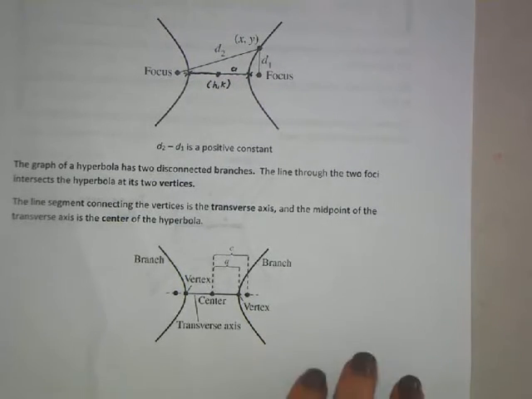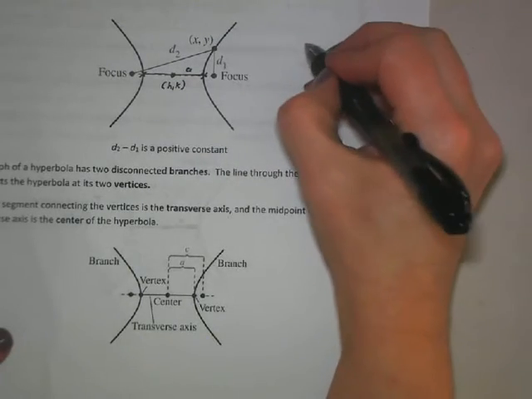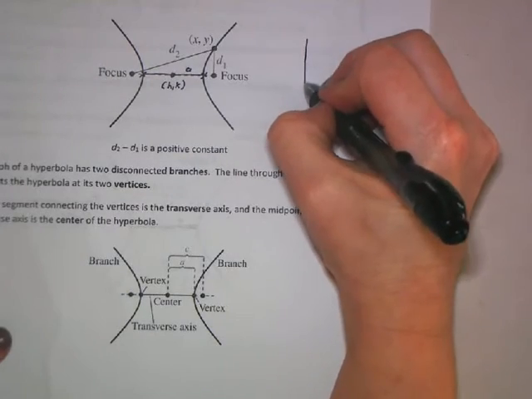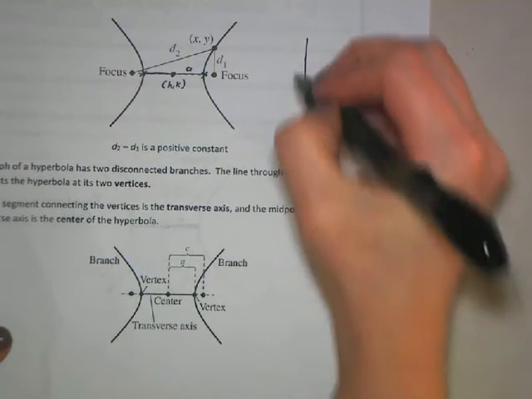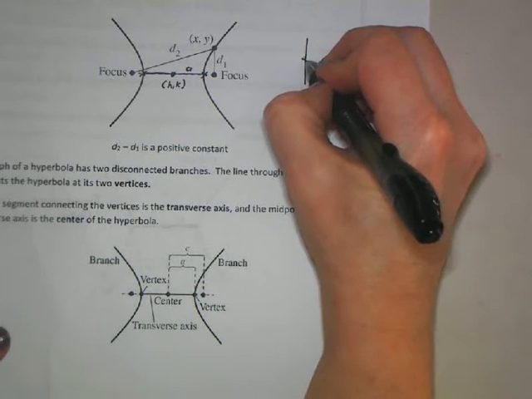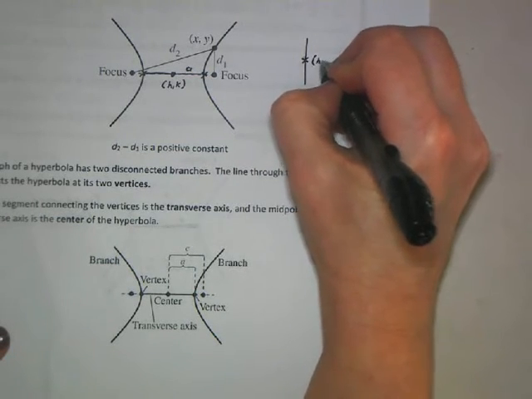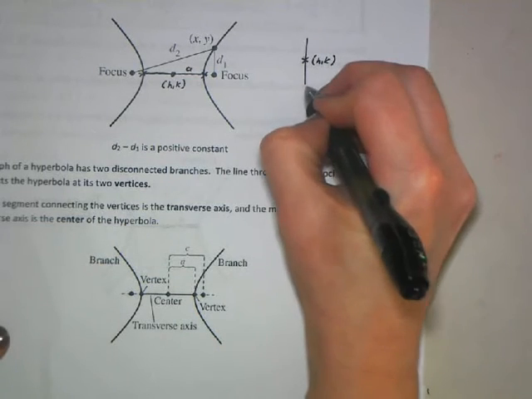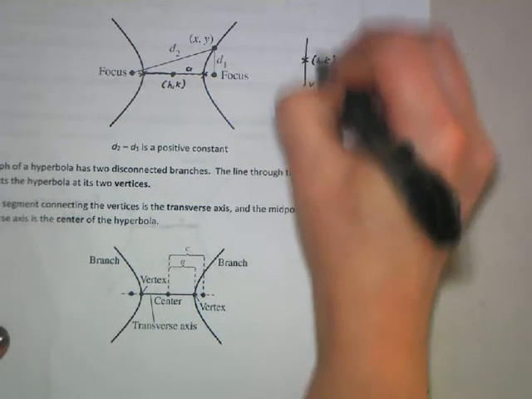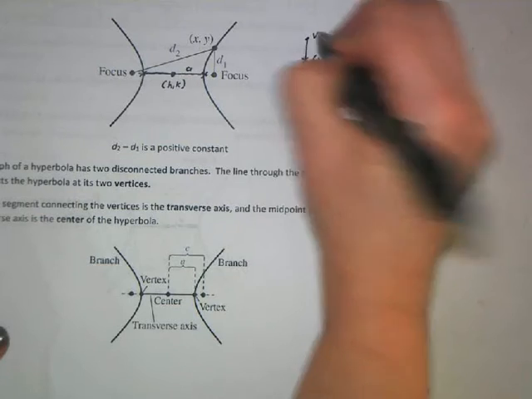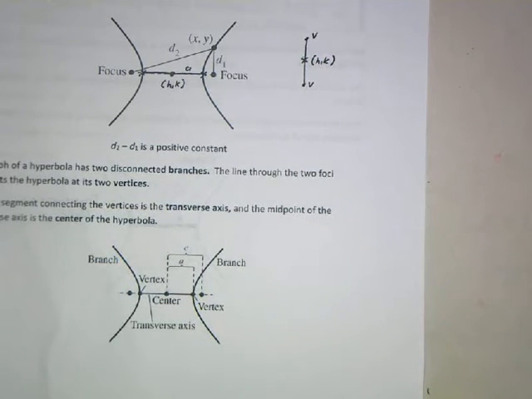On the board I've drawn one where the transverse axis is vertical, which means I still have a center right here, but now my vertices are up and down from each other.